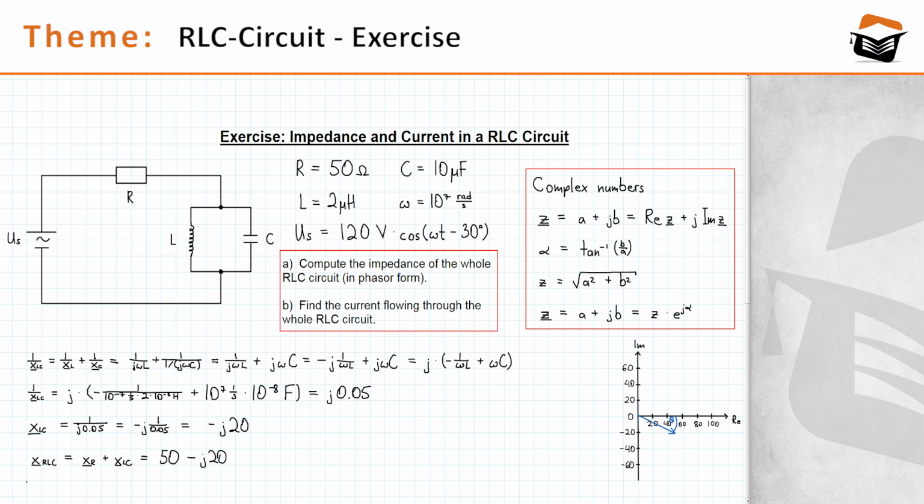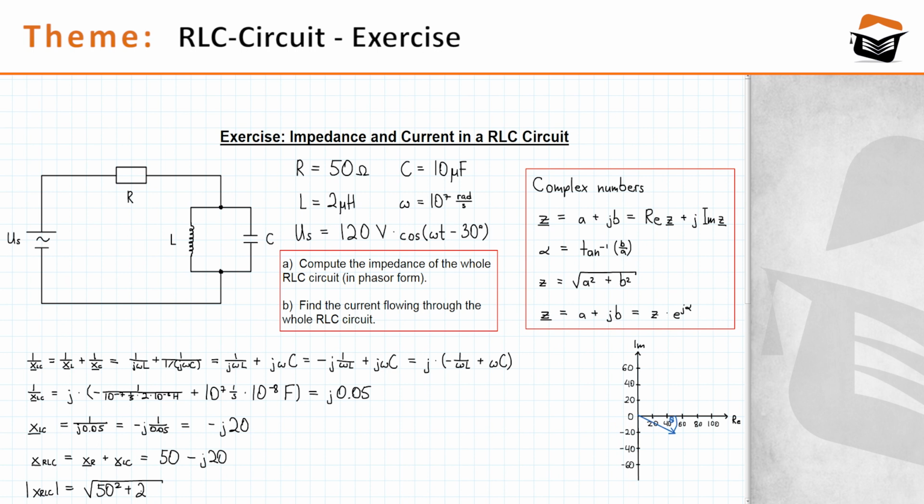So I'm going to label the absolute value of the impedance by using the two bars to the left and to the right. And that's equal to the square root of the real part squared. So square root of 50 squared plus 20 squared.